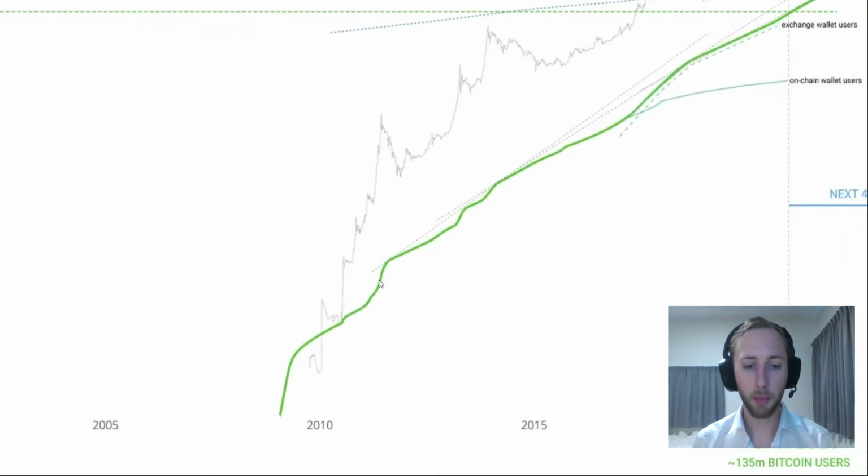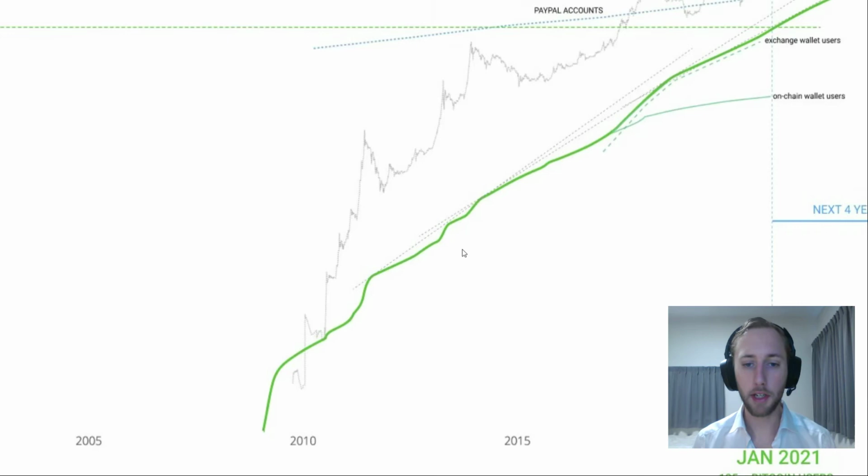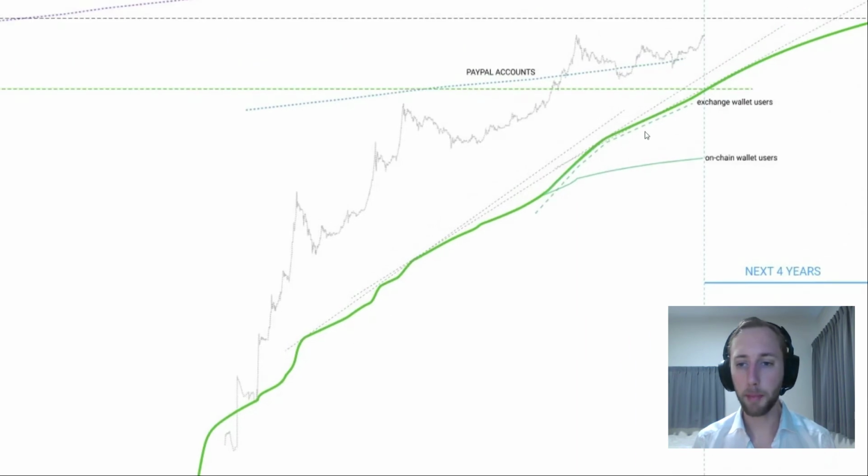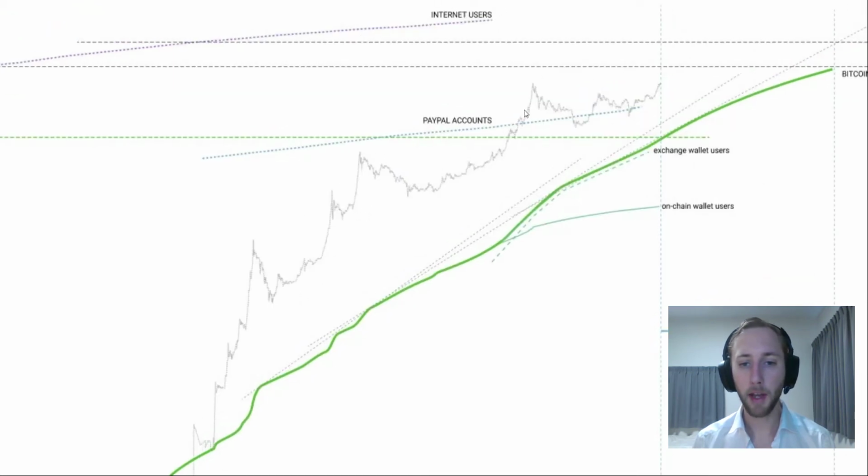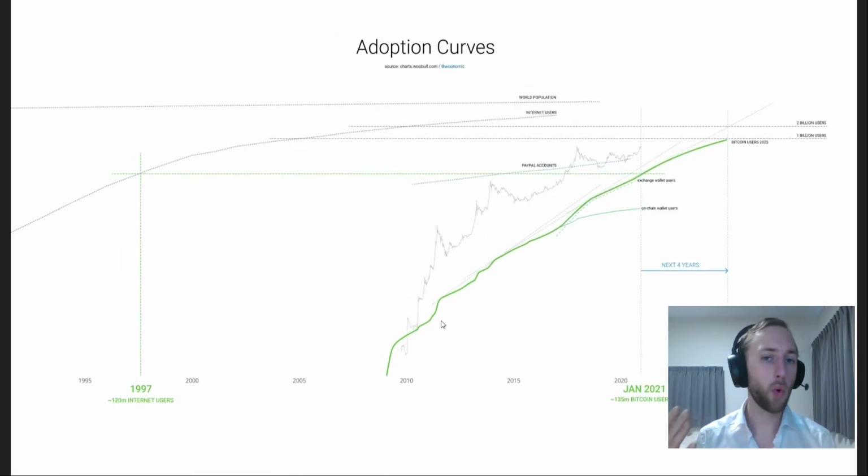The first one I want to point out is the adoption curve in the green of Bitcoin, and you can see that the adoption curve of Bitcoin is followed by this squiggly line, and this squiggly line is the price. Now this underlines the thesis that the more Bitcoin users there are, the higher the price, and that makes sense. If more people want to use the network, more Bitcoin is required, and thus the price increases.